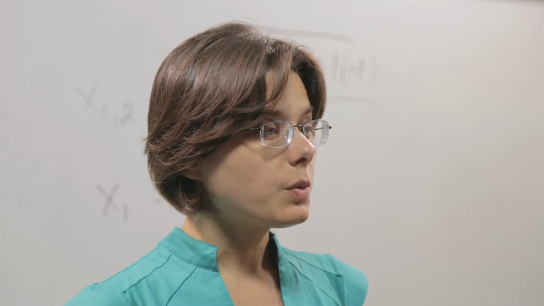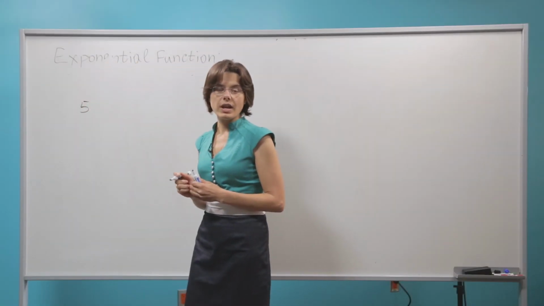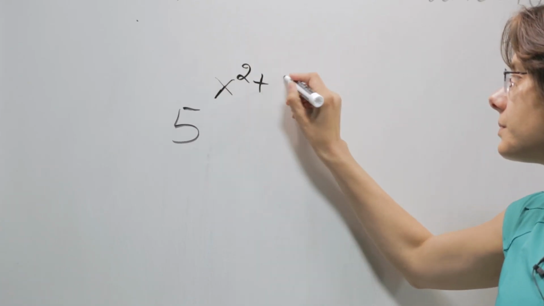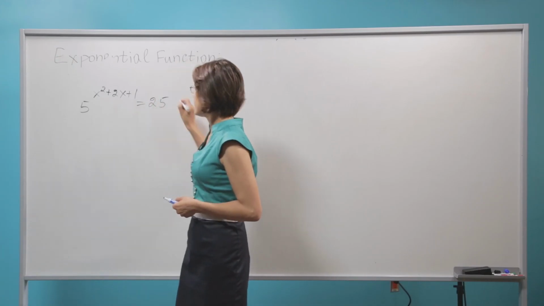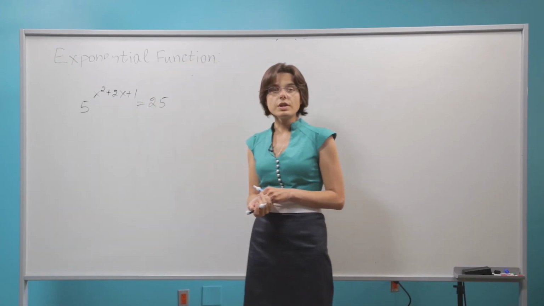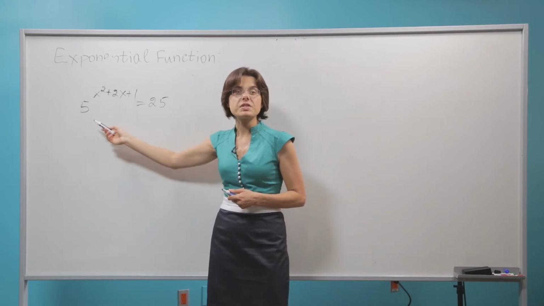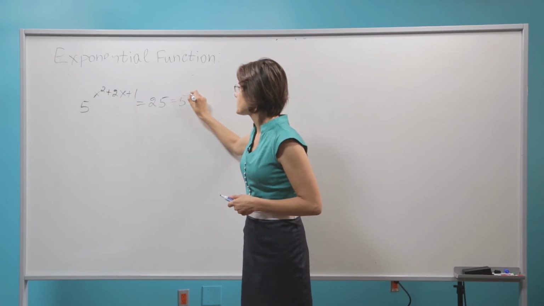Another equation we can try is the following: 5 to the power of x squared plus 2x plus 1 equal to 25. So again, I want to represent both sides of the equation in a way that I have the same base. As you see, 25 can be represented as 5 squared.